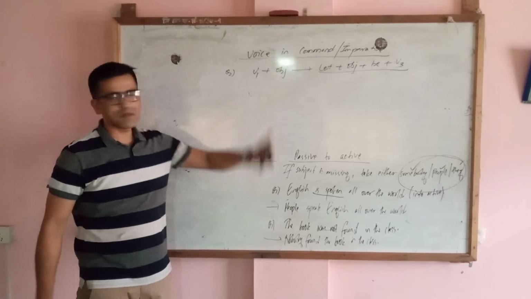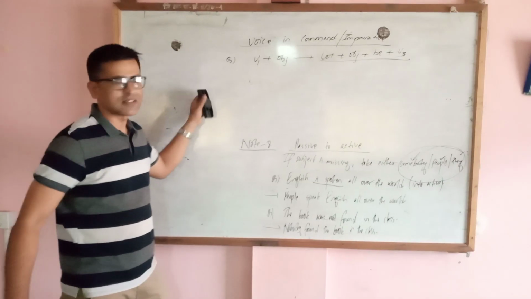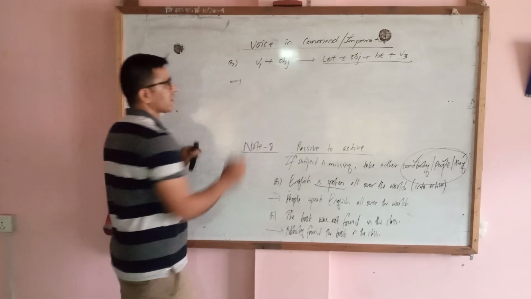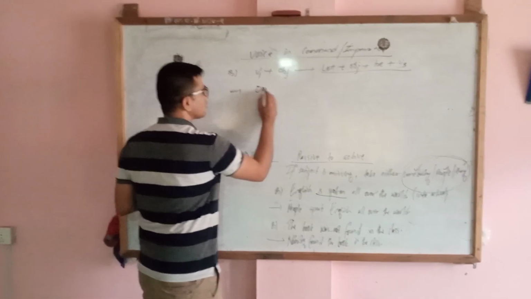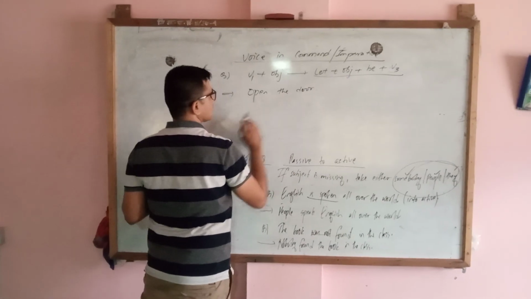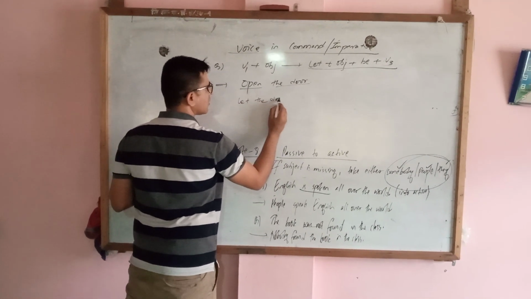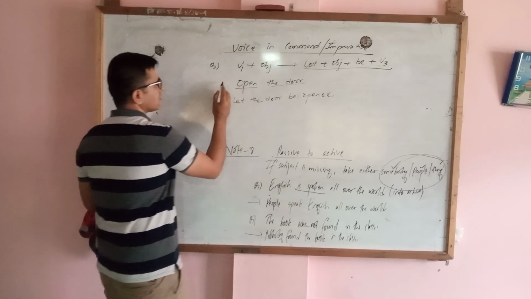Okay, just understand and see the time. And what is the answer over here? Open the door. For example, open the door. This is the object, this is B1. Let the door be opened very fast. This is the question.